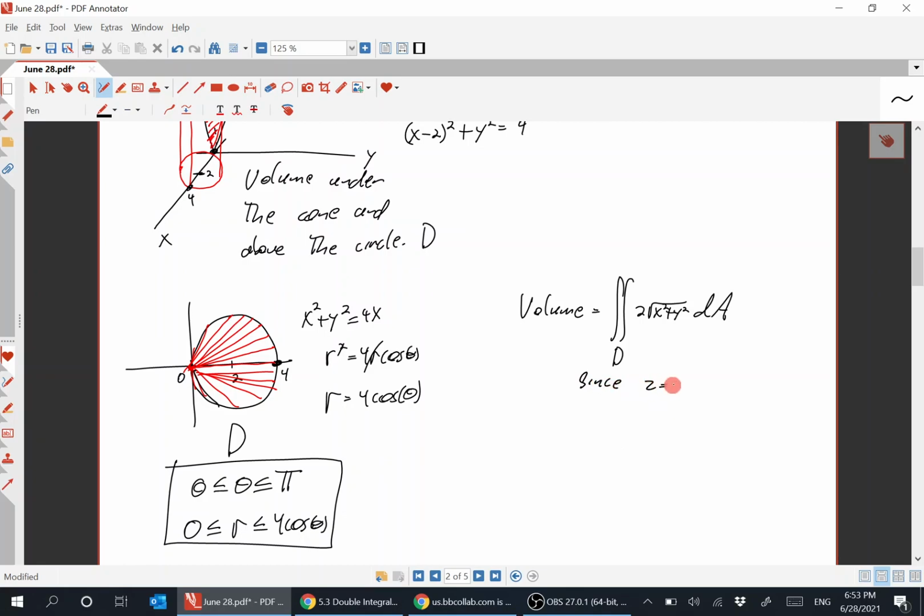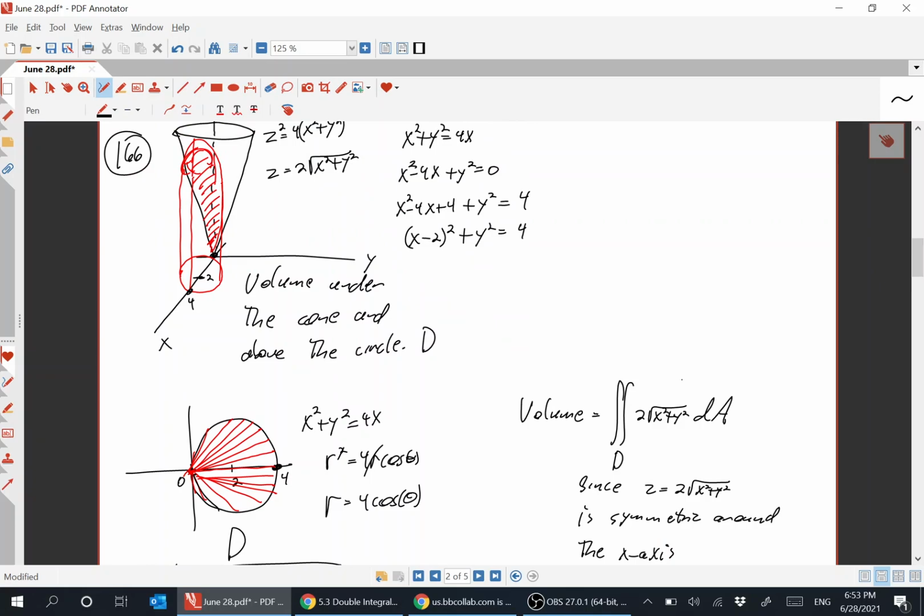Since z equal to 2 square root of x squared plus y squared is symmetric around the x-axis, right? That function is this cone here.